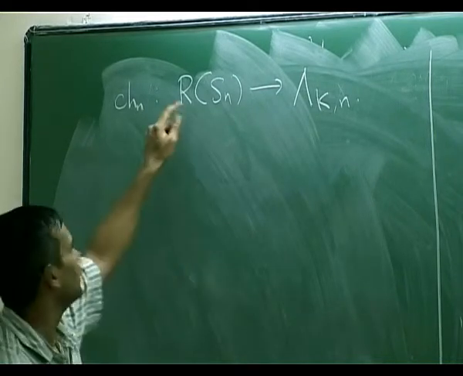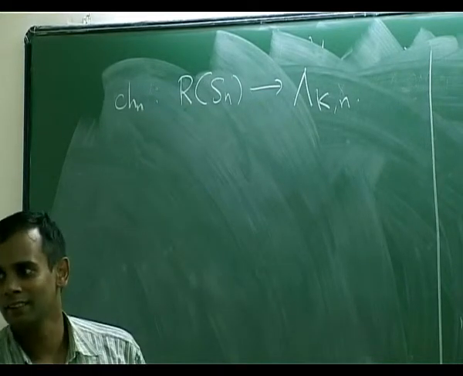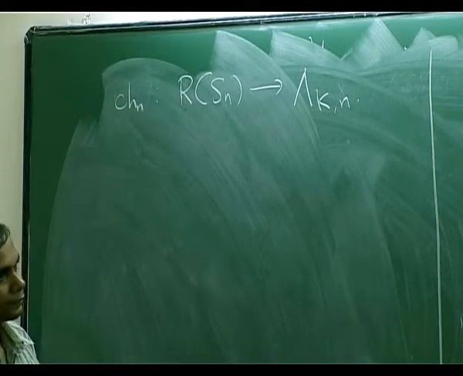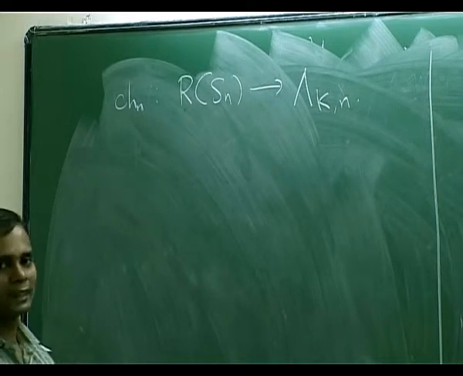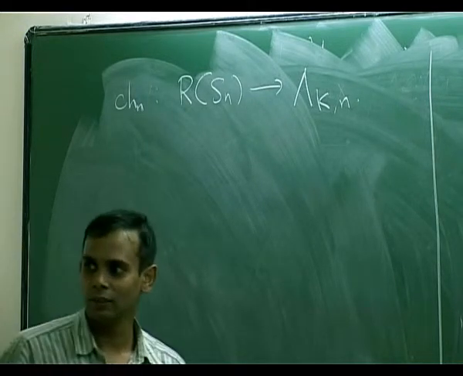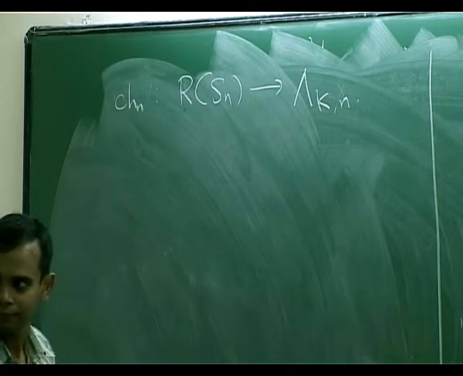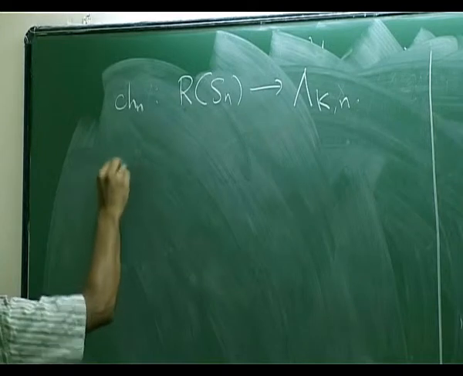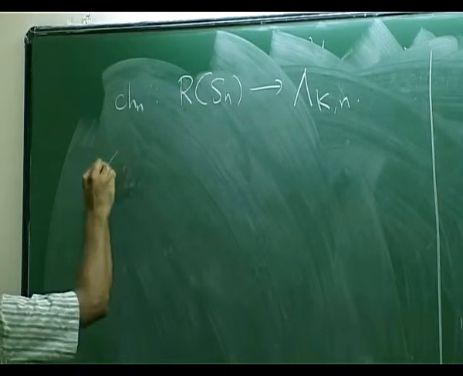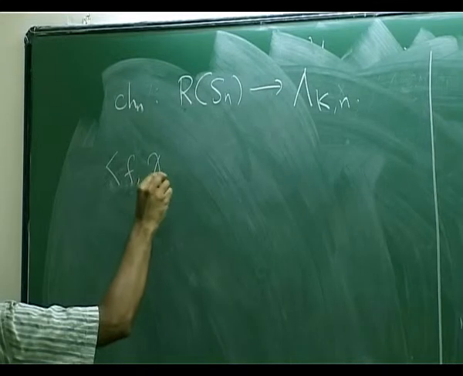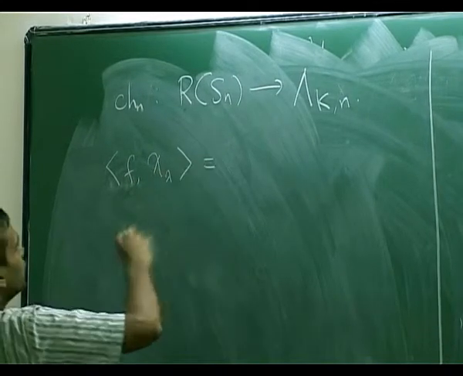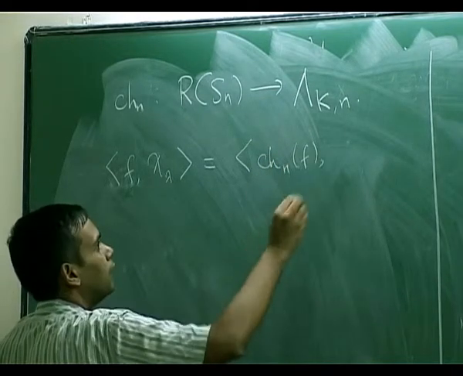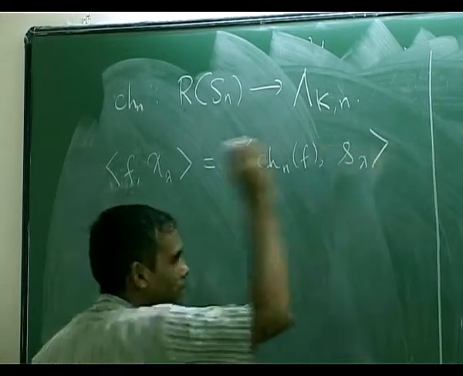Maybe I should have put a k here also. We are assuming that the characteristic of k is greater than n. And if you want to compute the inner product of f against chi lambda, then you compute the characteristic function of f and you compute its inner product against s lambda.